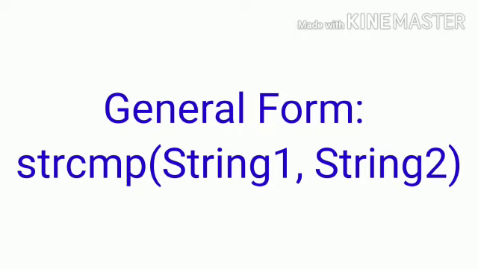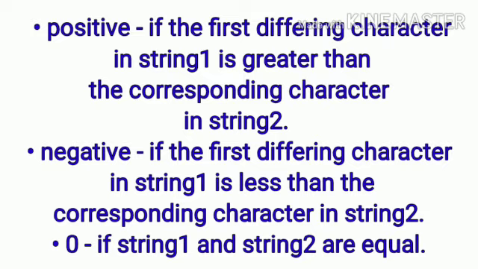If the output is a positive value, then string 1 is greater than string 2. If the output is a negative value, then string 1 is less than string 2. If the output is 0, both strings are equal.